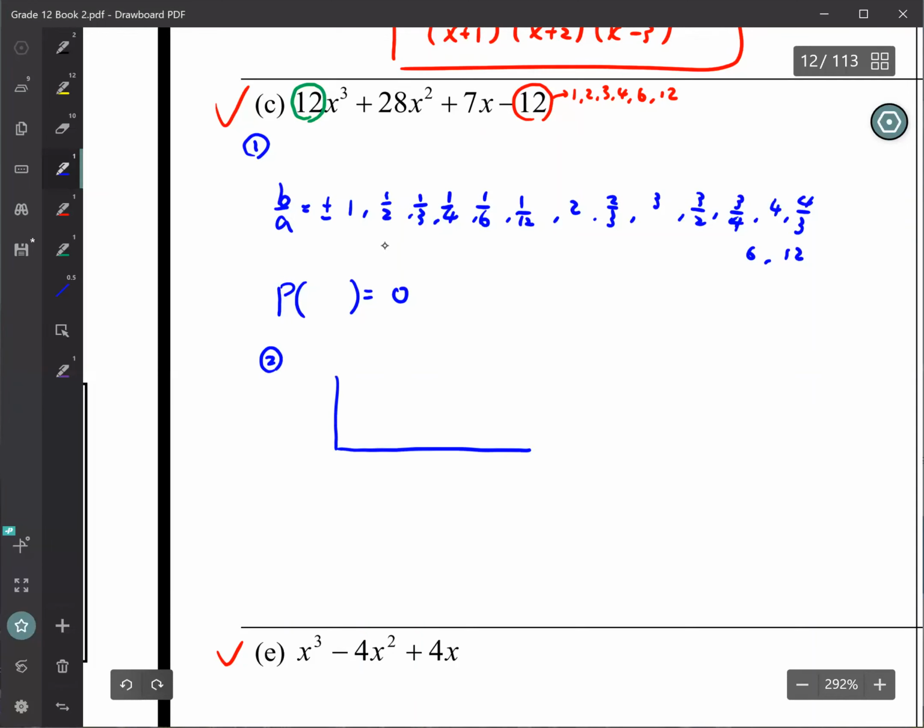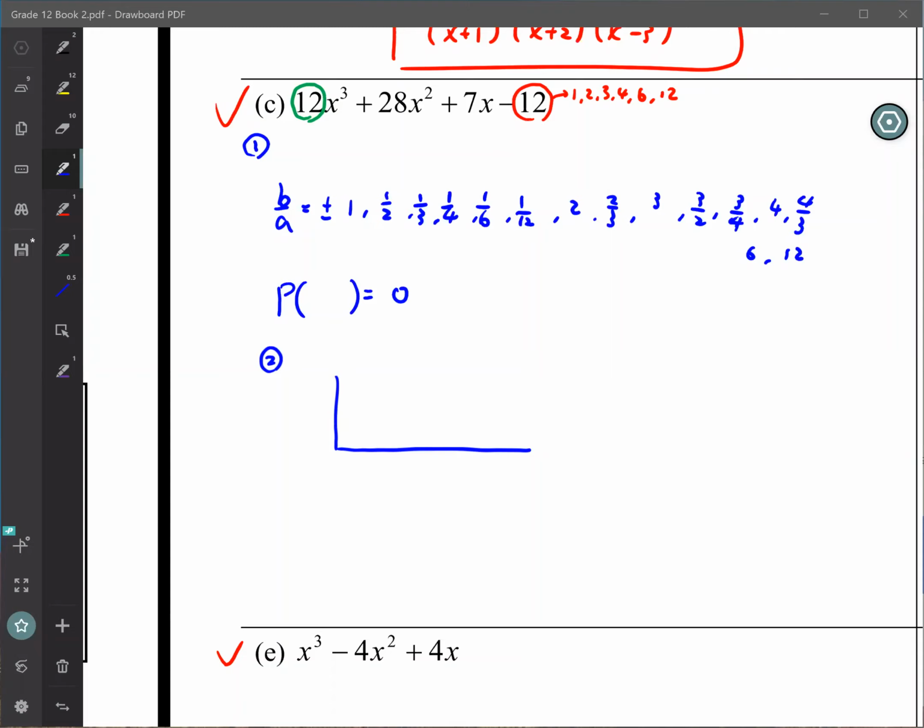Whatever you found, you put it outside the box. Please raise your hand if you found the number that works.